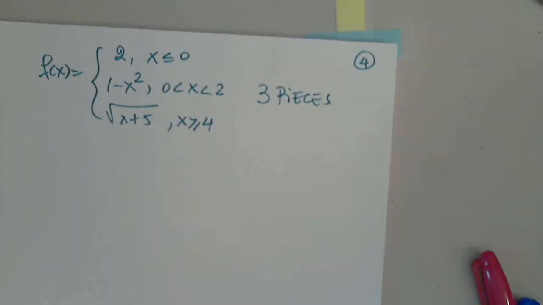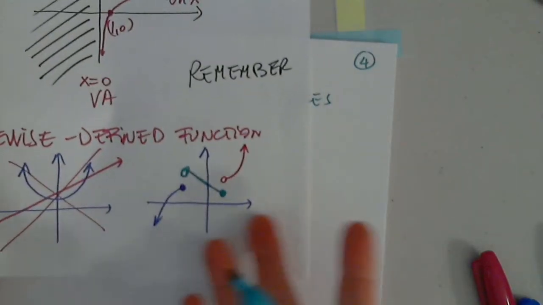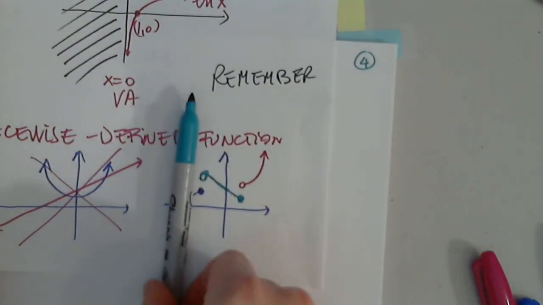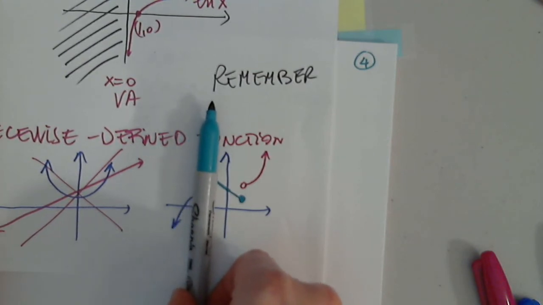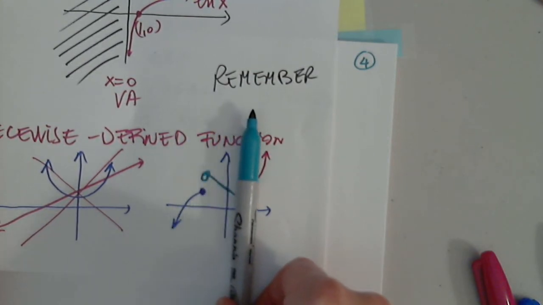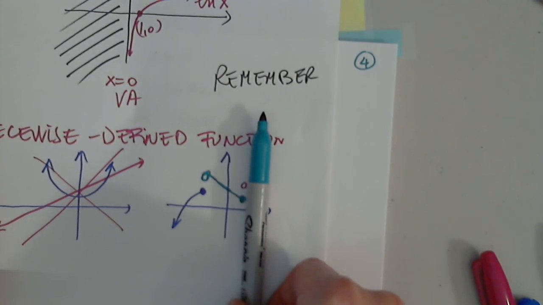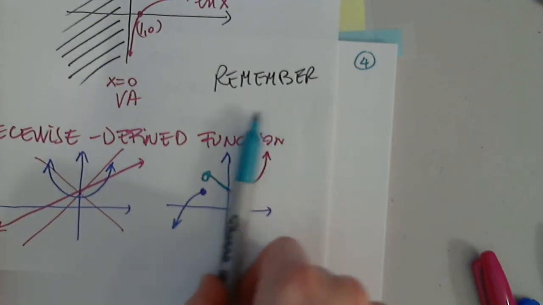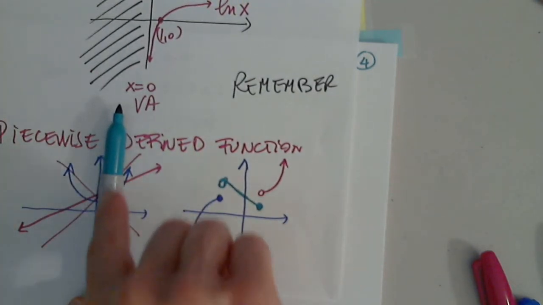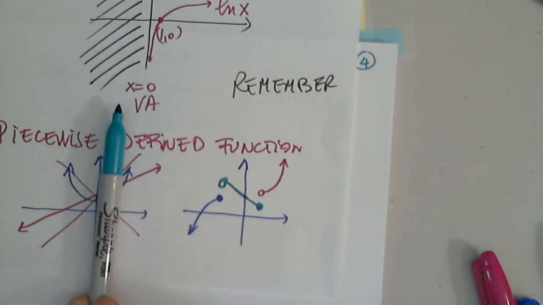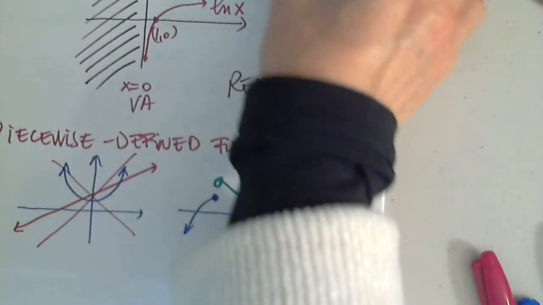We haven't graphed it yet, but it has to look something like this. Any vertical line will hit the graph in only one point or none, but not two. Here, when I draw a vertical line, it crosses the blue and the red, and that's not a function.